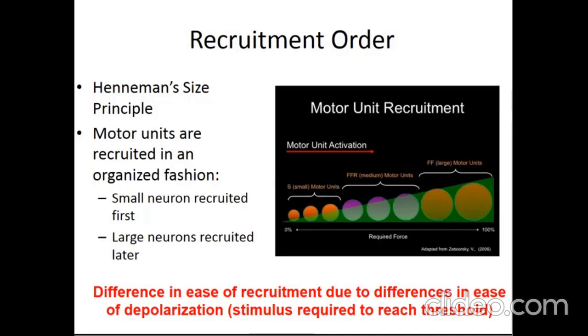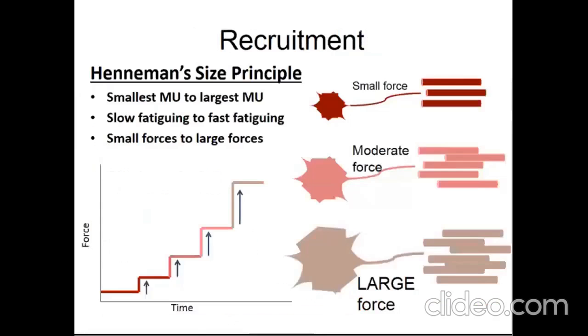Therefore, the amount of depolarization required to bring a small motor neuron to action potential threshold is much smaller than for a large motor neuron. So remember, the smaller motor neurons innervate fewer and smaller slow twitch fibers compared to large motor neurons innervating more and larger type 2 fibers.